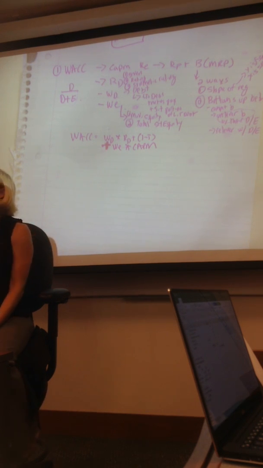Any information you need in the midterm will be given to you in the midterm. You will not need to look up a chart like that, for instance. It is all available in the midterm.